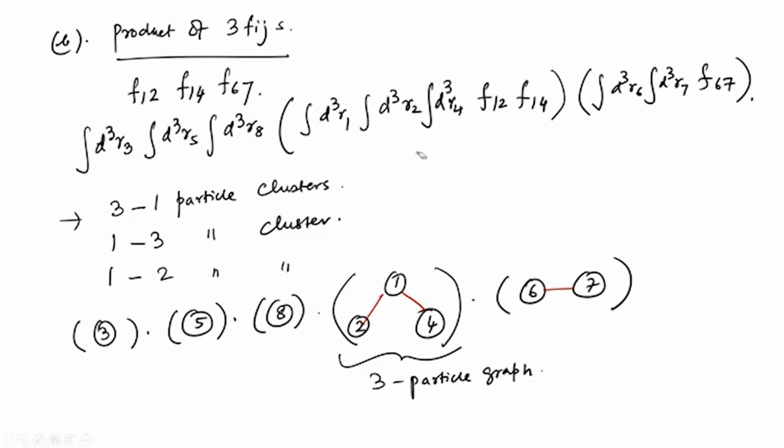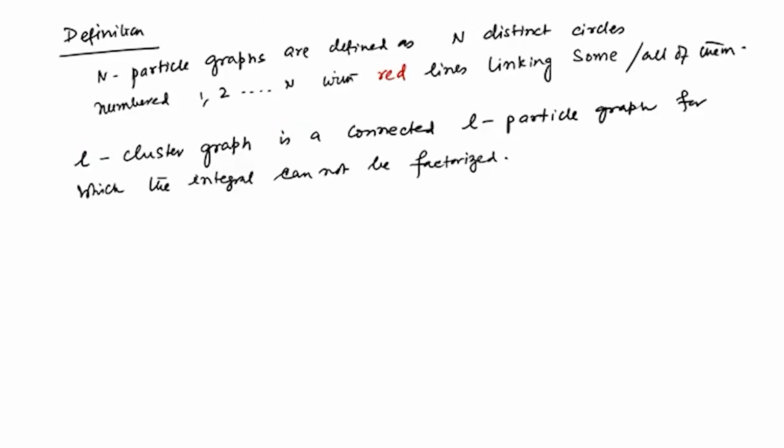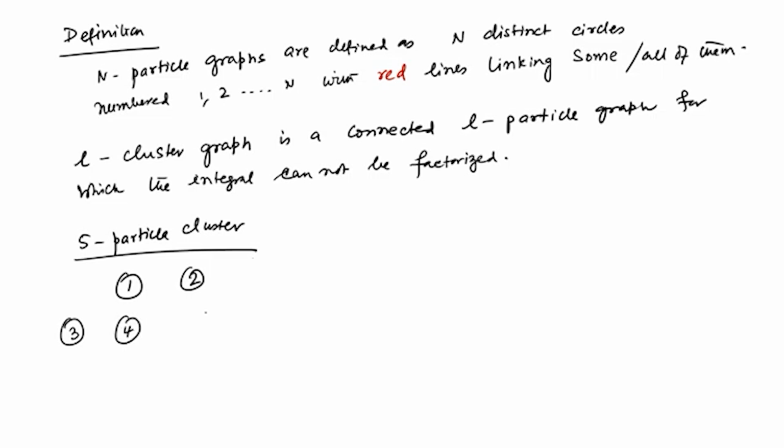Okay. So, we give another example, say let us consider a 5 particle cluster, and let us write them as 1 and 3 and 2 and 4 and a 5 here. Why it is a 5 particle cluster is that there is a connection here, here, here, here and here. There is no connection between 4 and 5.